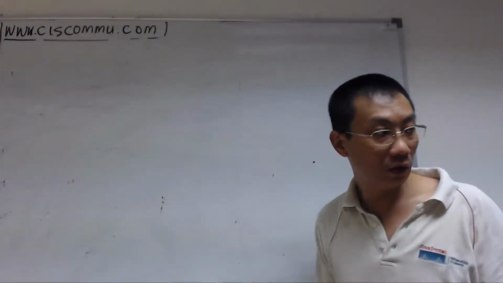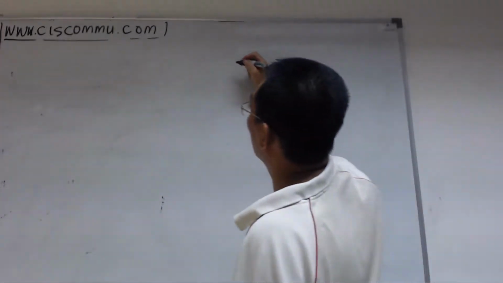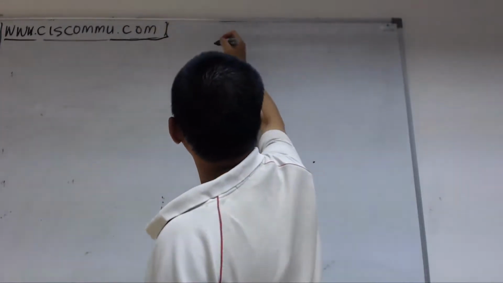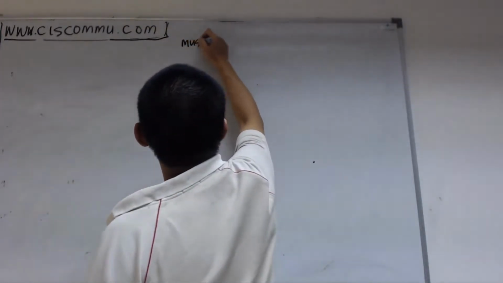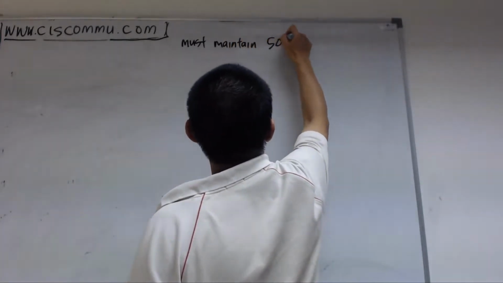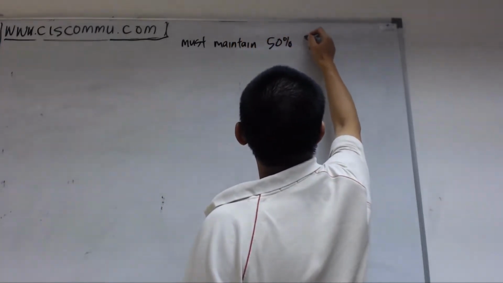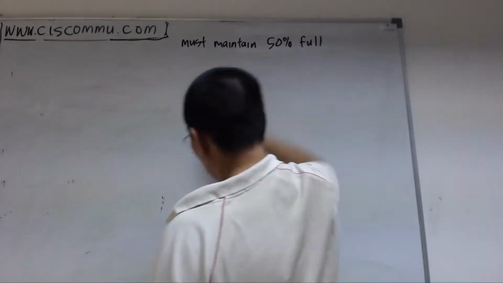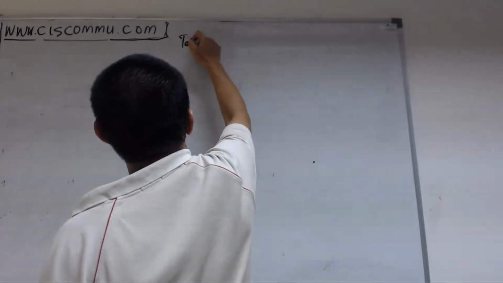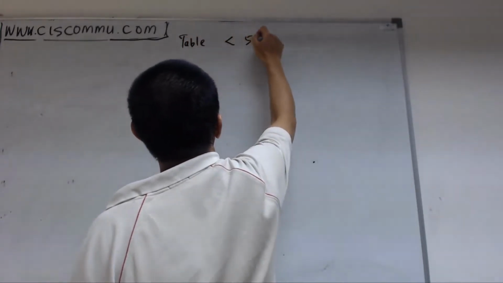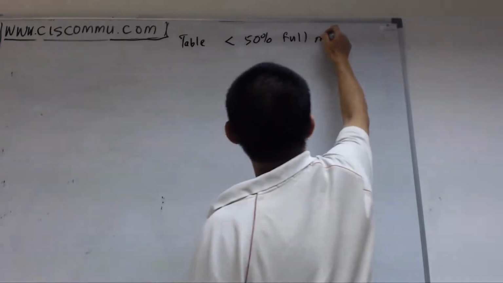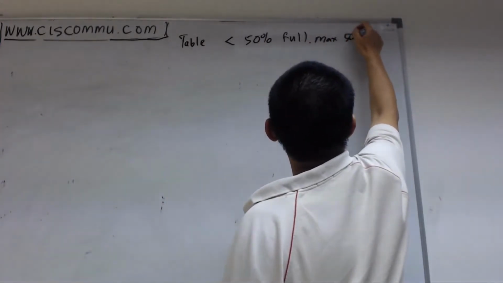Okay, so the performance, the general rule of thumb is that you must maintain 50% full. Or we can say the table must be less than 50% full, or maximum 50%.